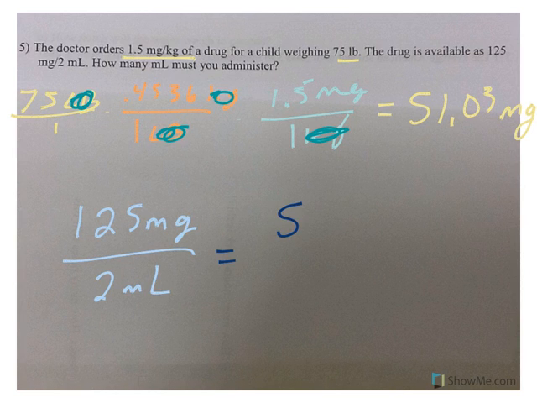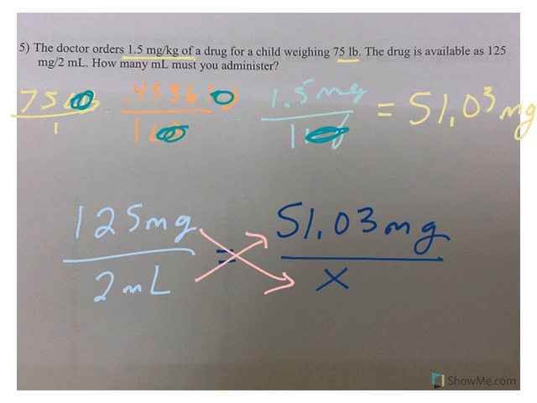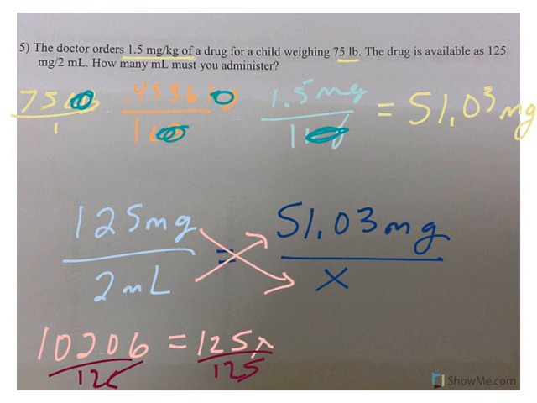And we know the kid is 51.03 milligrams. How many milliliters should we get? Right, so we do our cross multiplying, and we get 102.06 equals 125x. Divide both sides by 125, and this kid should get 0.82 milliliters.